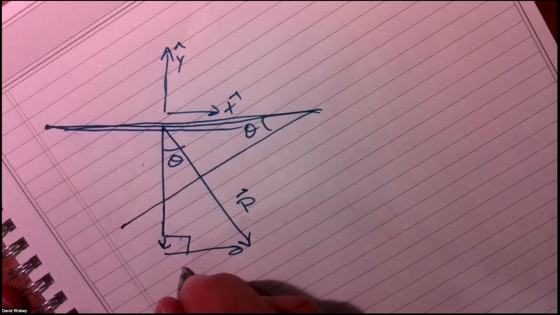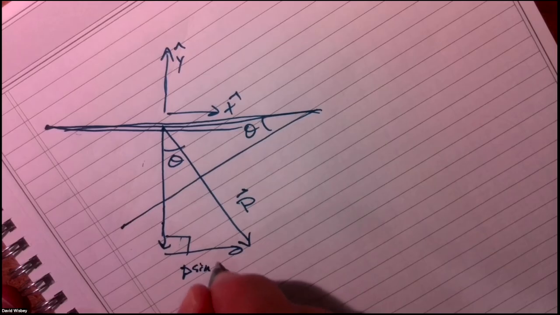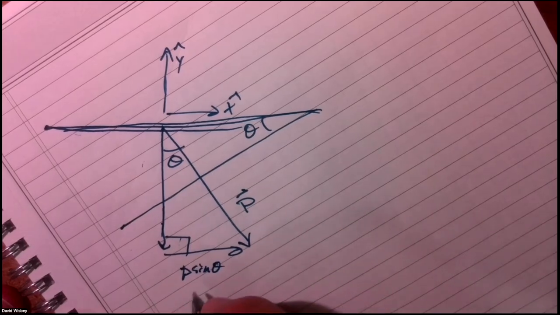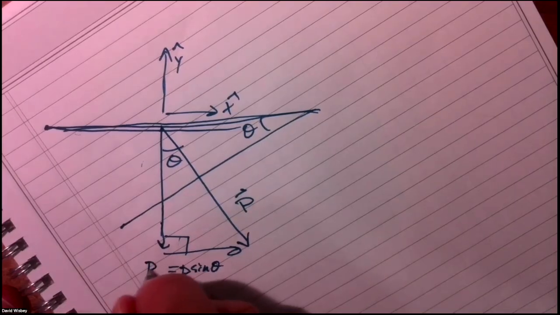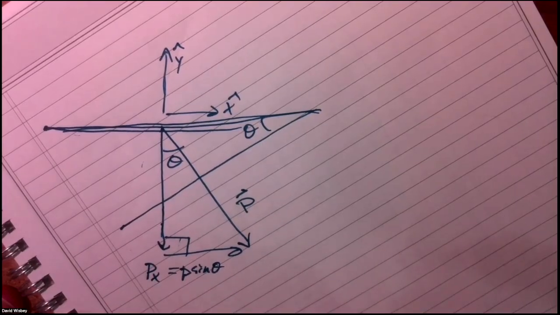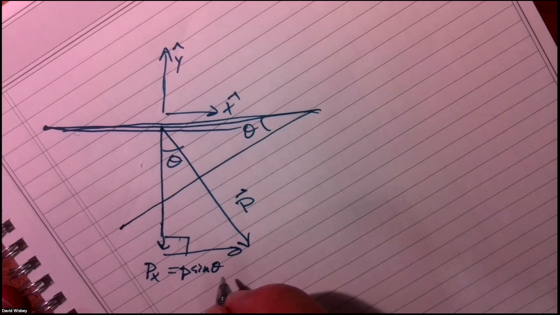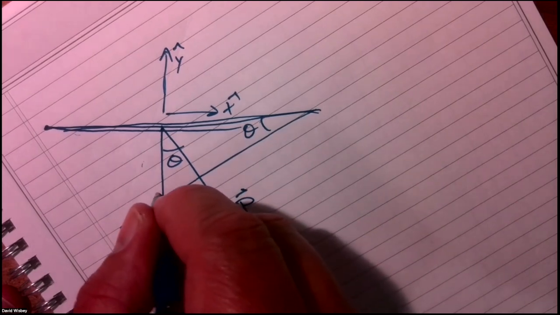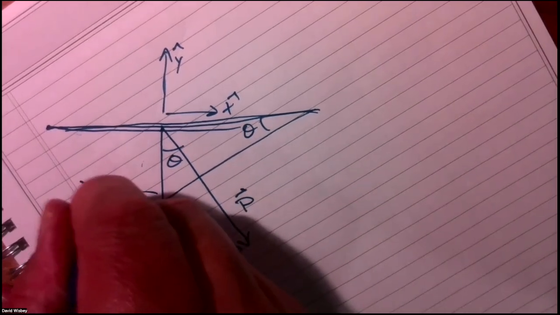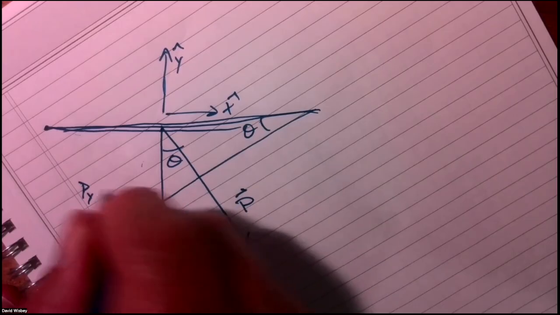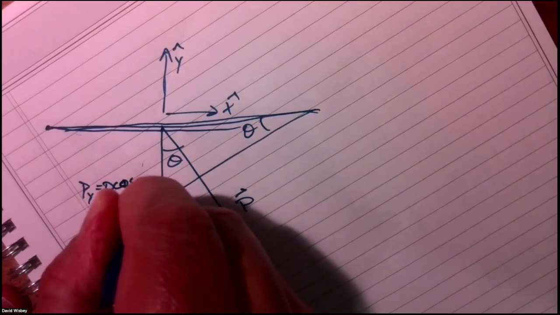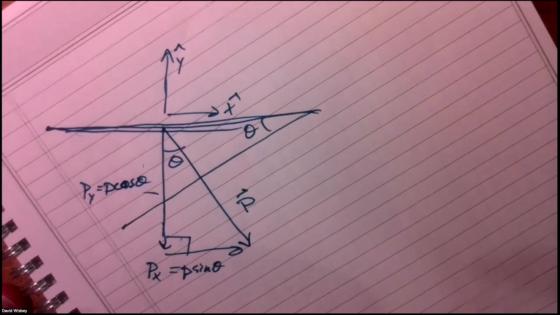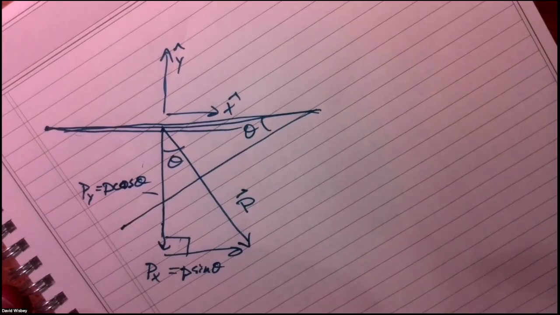This is going to be P times sine of theta, and we'll call this P of X, our component in the X direction. Over here, this is going to be PY, and it's going to be P times cosine of theta. So that's how we do it.